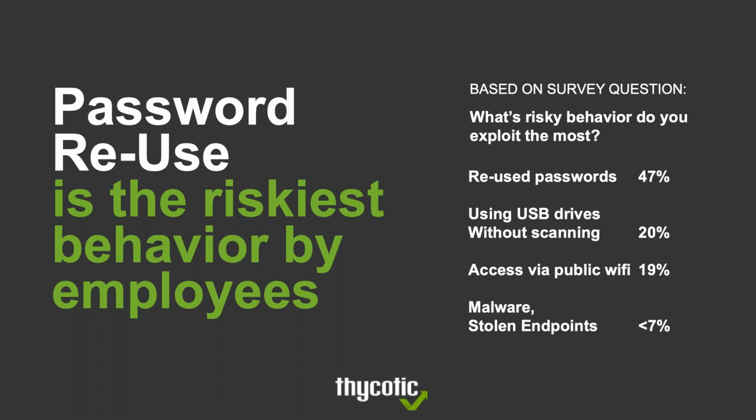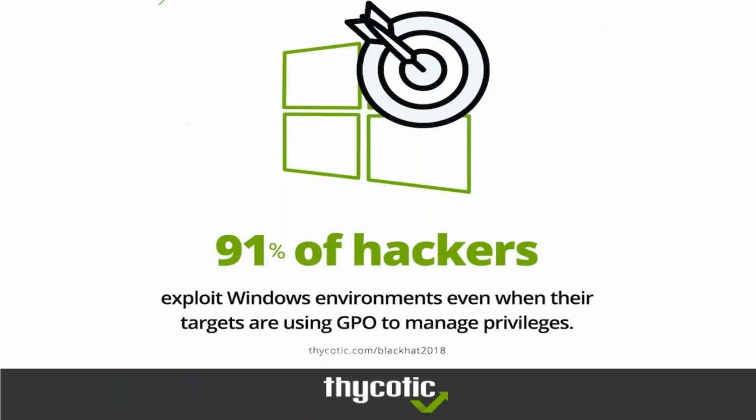So we have to be aware of those risks. These are the areas we found to be the riskiest behavior by employees, and we should look at putting the right security in place to prevent these from being potential stepping stones to major incidents in organizations.